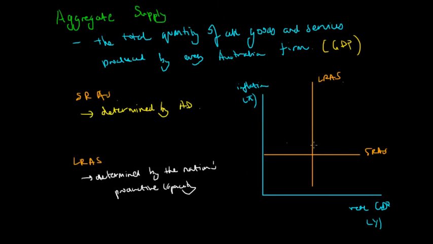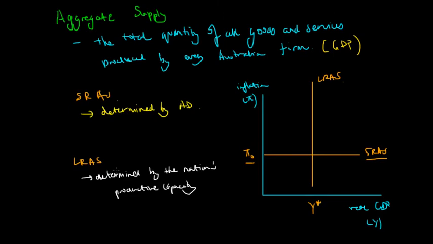In the short run aggregate supply curve, inflation stays constant at pi 0, and in the long run aggregate supply curve, the potential GDP at Y star is unchanged if the productive capacity of a nation does not change.